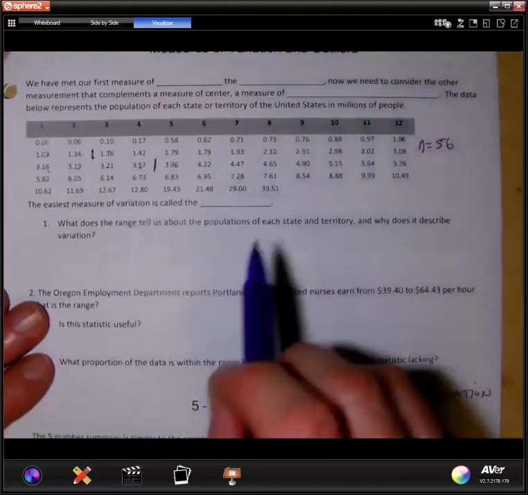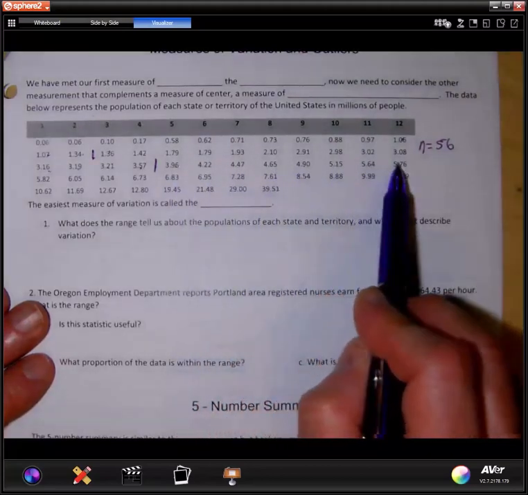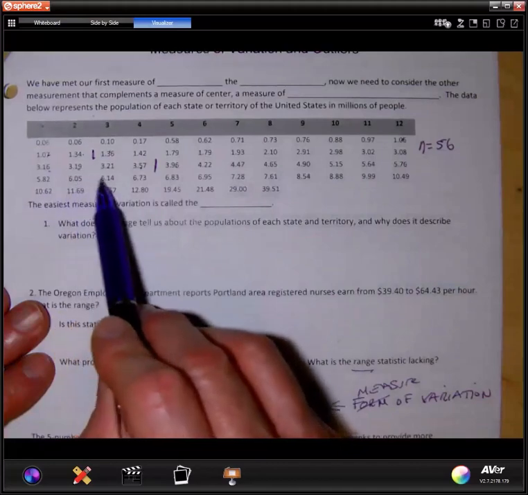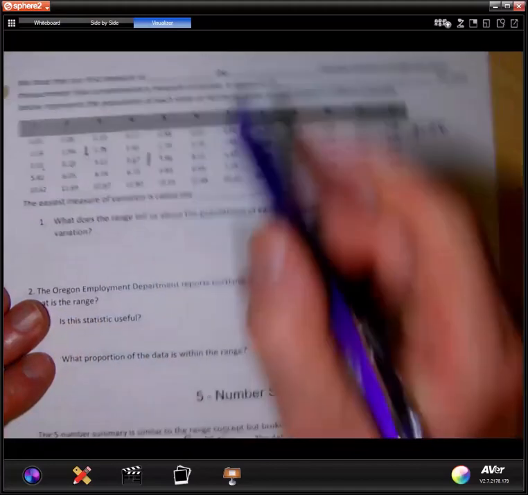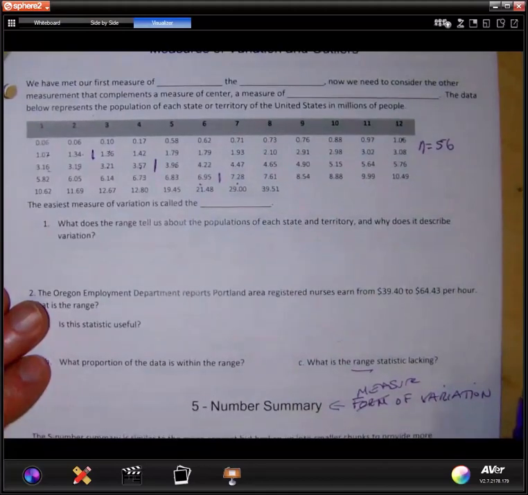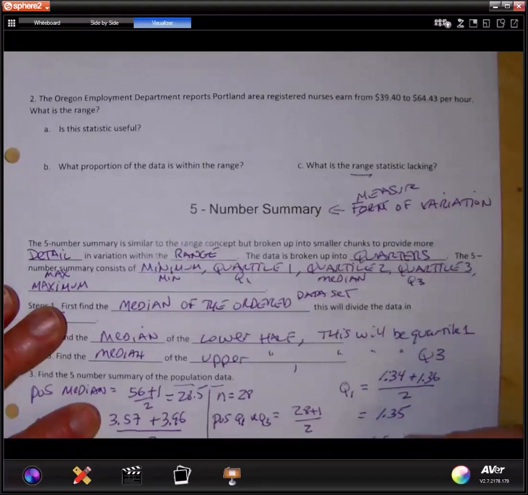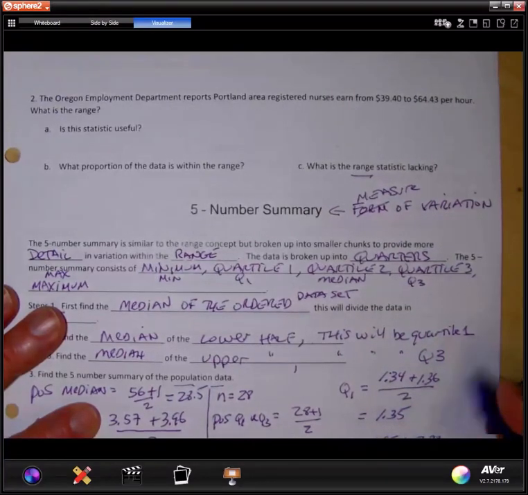So I'm going to go over here and let's see. I'm going to just count 1, 2, 3, 4, 5, 6, 7, 8, 9, 10, 11, 12, 13, 14, 15. So 14, 15, the average of those two numbers. So 6.95 plus 7.28.